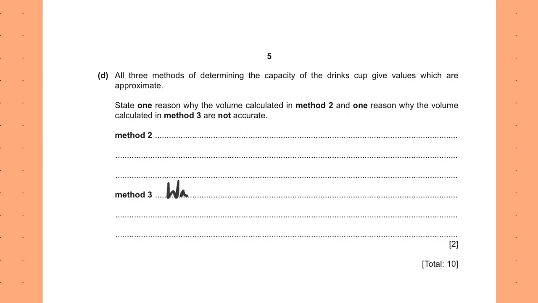So water spilled or splashing on transfer. This is like one of the most obvious ones. Then you could have also written something like parallax error. That would also work in this case.